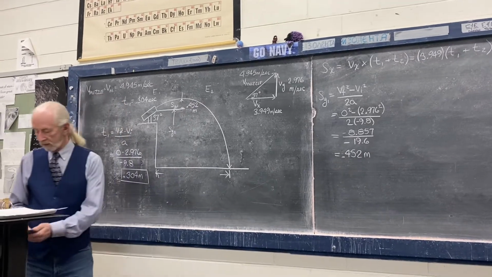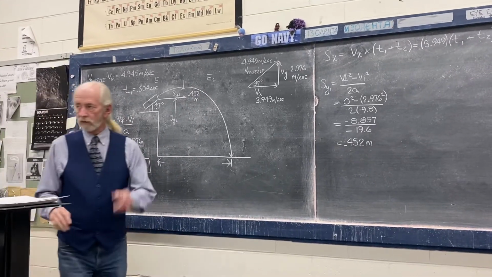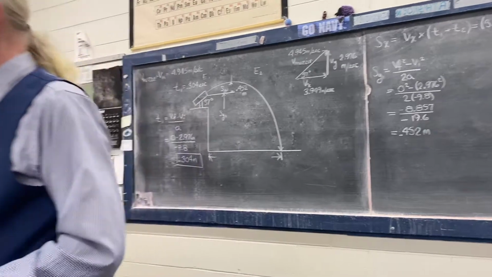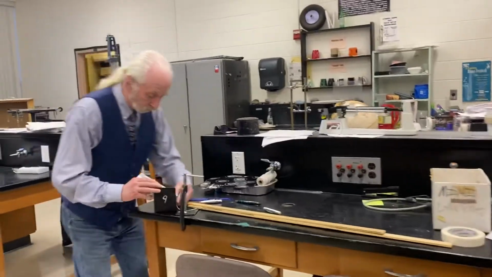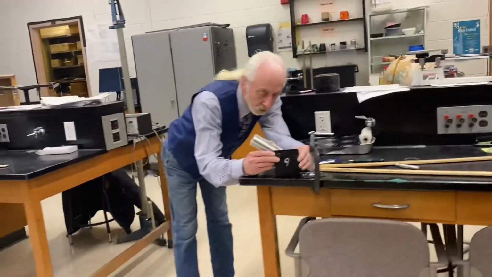All right. Now I'm going to do some remeasuring over here. I'm going to change the angle of my launcher to 37 degrees, which raises the muzzle, so I'm going to have to remeasure that.